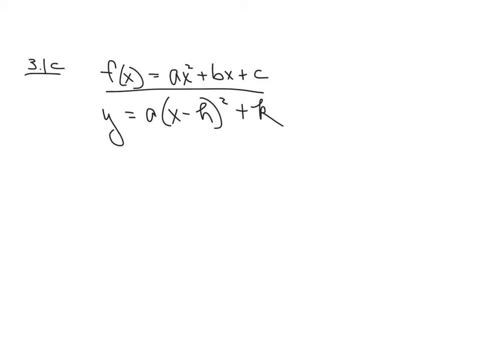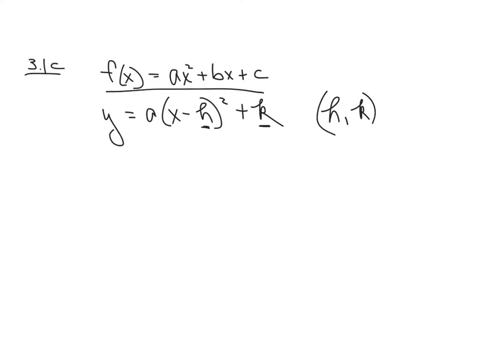The vertex also is h, k. So whatever number this is, that will be the vertex. I ignore the negative there. That's not part of the h. That's the sign in front of the h. So it's just the h and just the k.